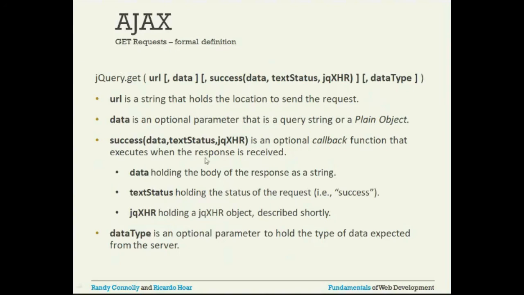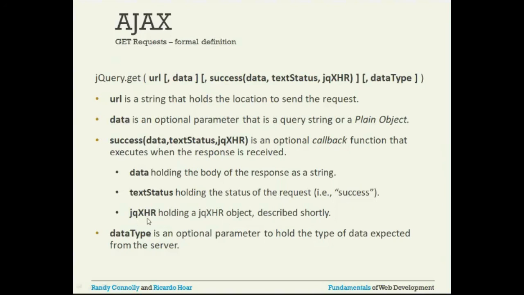These are the three parameters: data, textStatus, and jqXHR, which is an object. Data holds the body of the response as a string, so it will hold the complete response as a string. textStatus holds the status of that particular request, for example success or fail.